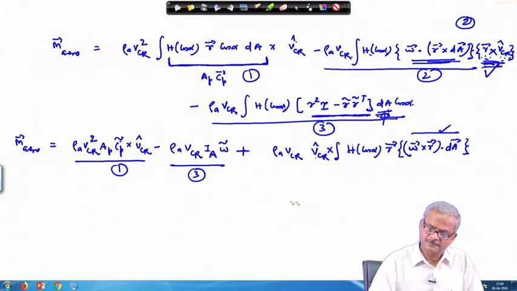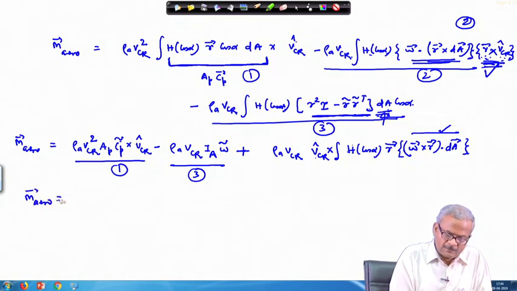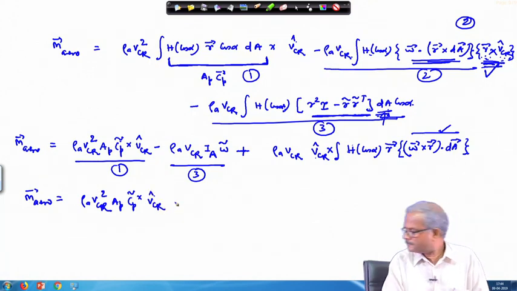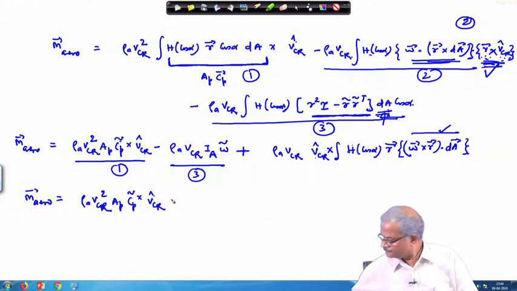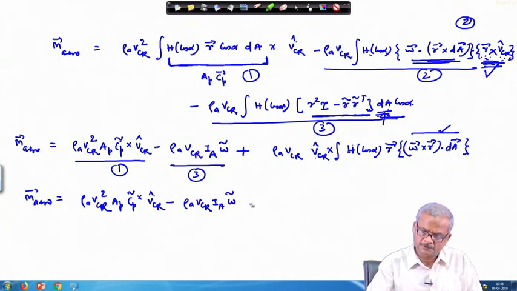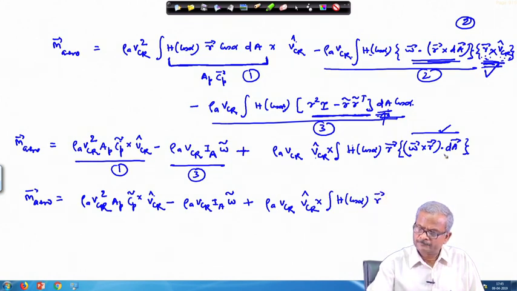Then we change the order of this. We write here dA dot omega cross r, because it is a dot product, so it does not matter.